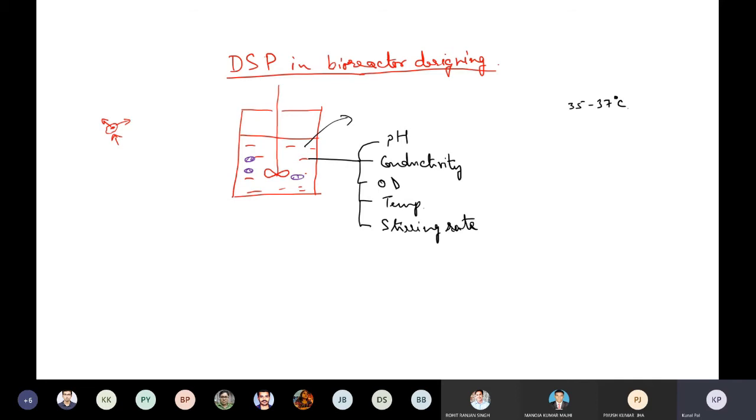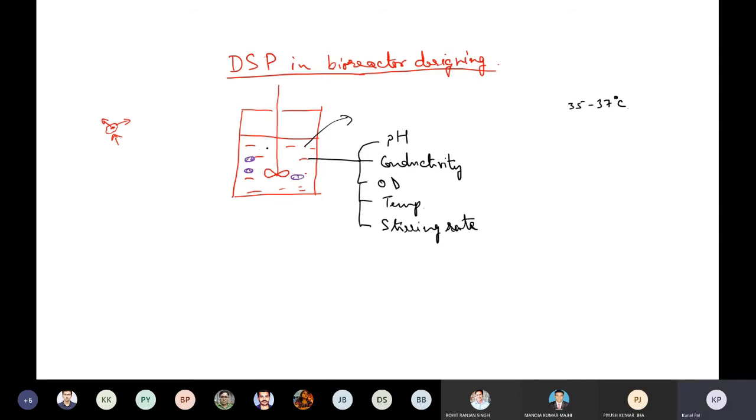When they radiate, the temperature of the bath will increase. So you have to have some cooling or heating mechanism so that you can start cooling down the media.